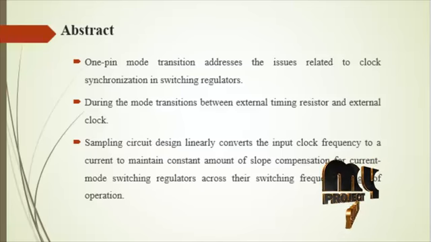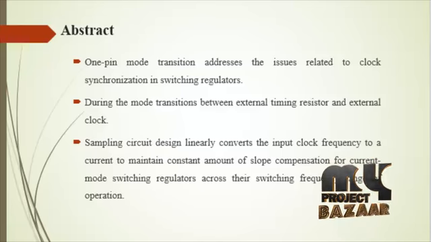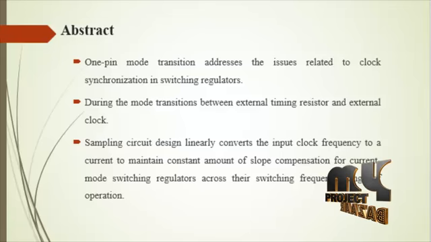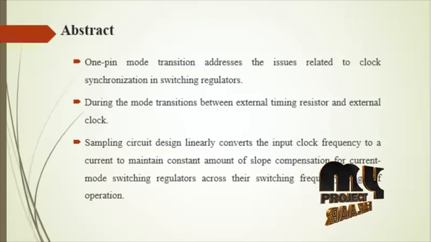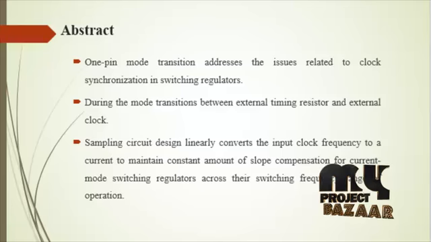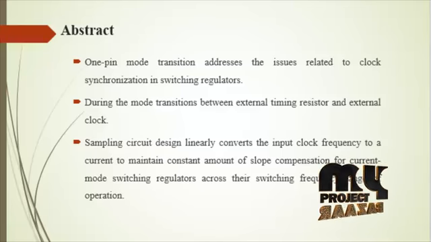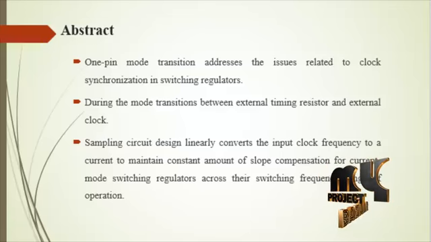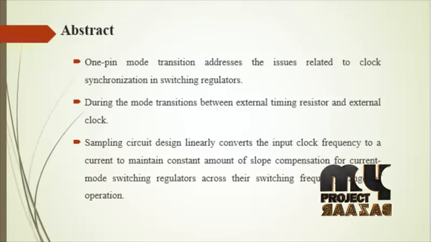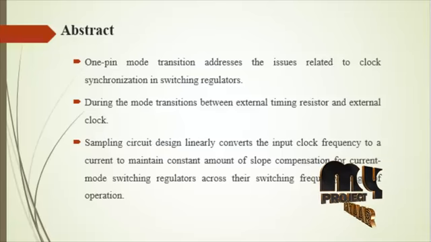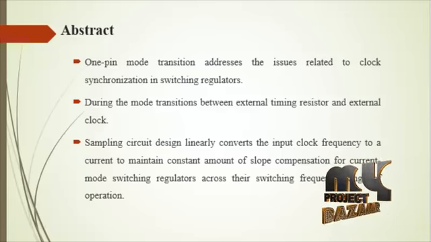Experimental results are presented from a peak current mode buck regulator with the 1-pin synchronization circuit to show the performance improvements of the proposed design approach over a phase lock loop based design. In this process, the rising edge of each pulse starts a new clock cycle for the switching regulator.